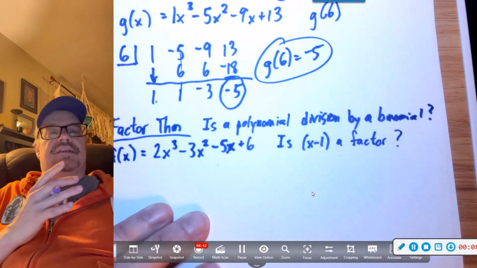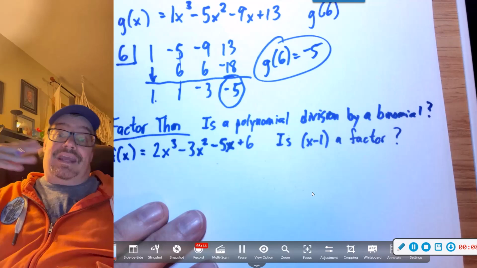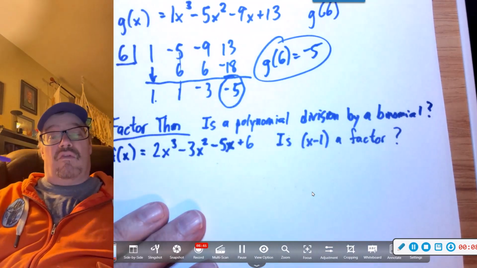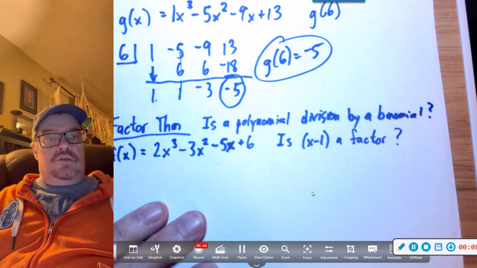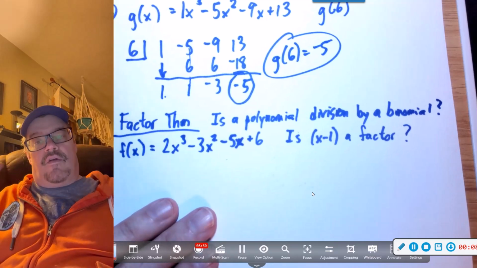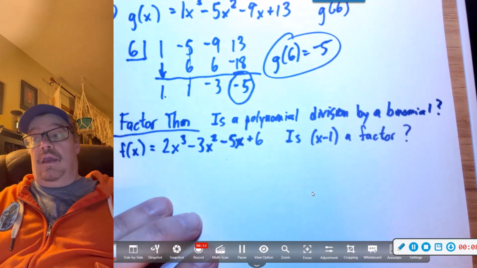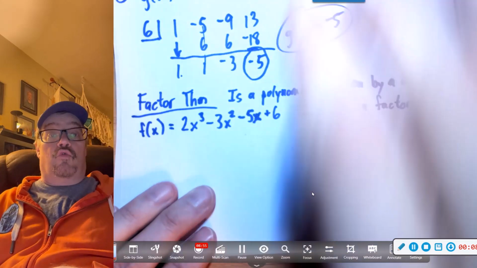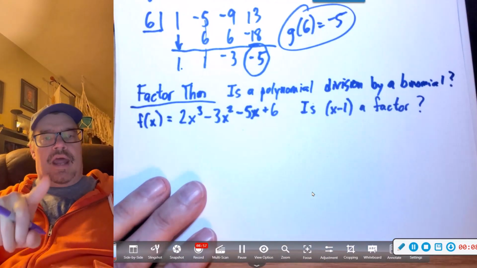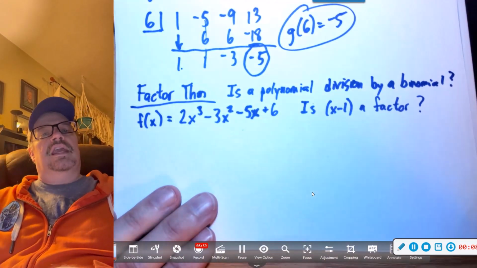What it's basically saying is, does x minus 1 go in evenly so that there's no remainder? This is very important because if it does go in evenly, then we know that it's a root. But you don't have to know that now. Just know whether or not it goes in evenly.